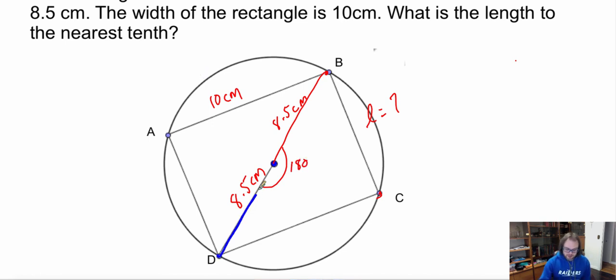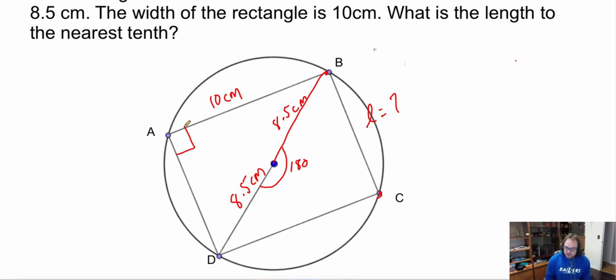If this line here is 180, that could be a central angle. And we also have an inscribed angle over here, and they are sharing the same feet. So if we have an inscribed and central angle, I know the inscribed angle is going to be half. That means that angle there is going to be 90 degrees. This angle is going to be 90. And now that that's 90 degrees, I have a right angle triangle.